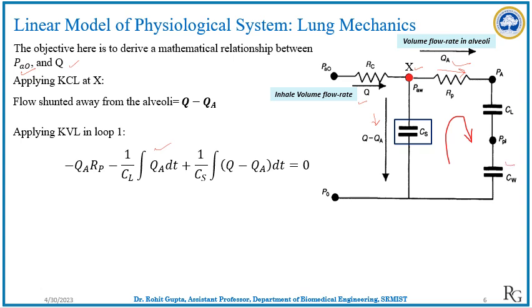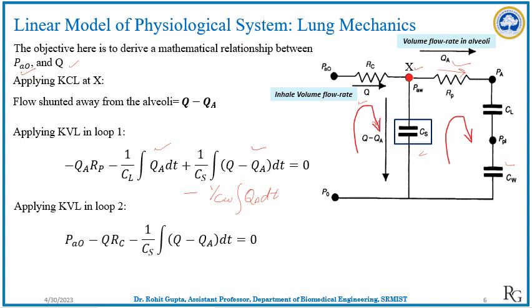One term is missing, so we add the term minus 1 upon CW integration of QA dt. Then because of this capacitor, there will be a potential drop with the plus sign, 1 by CS integration of the current passing through it, that is Q minus QA into dt. So if we apply KVL in this loop, we get this equation.